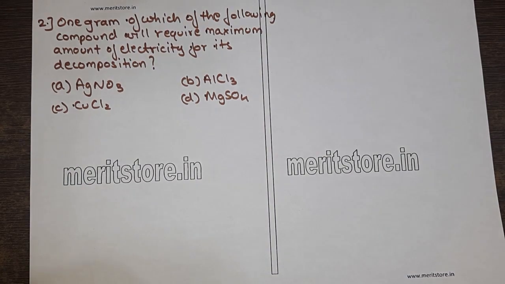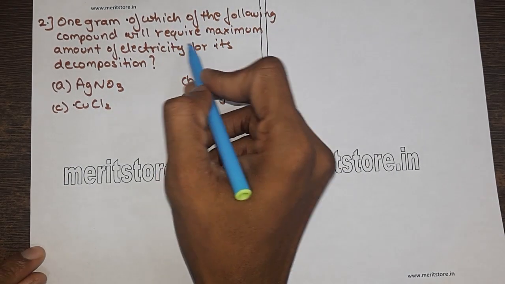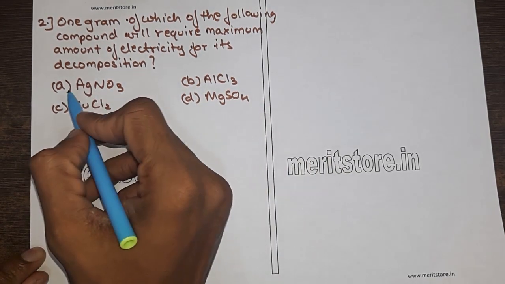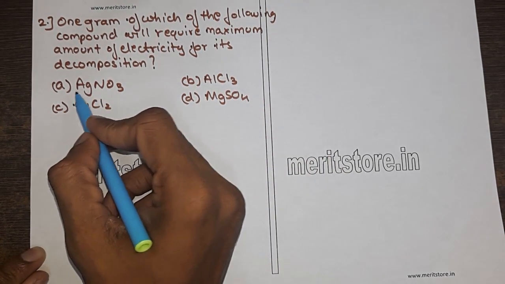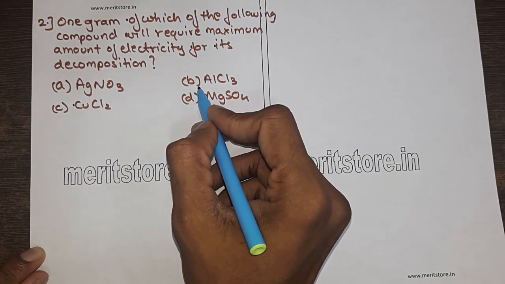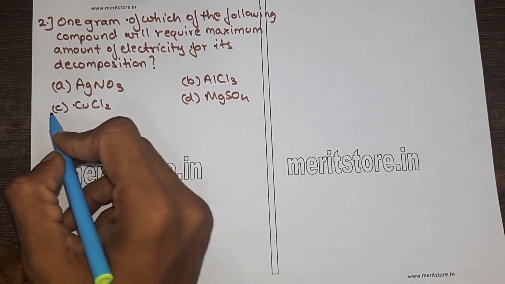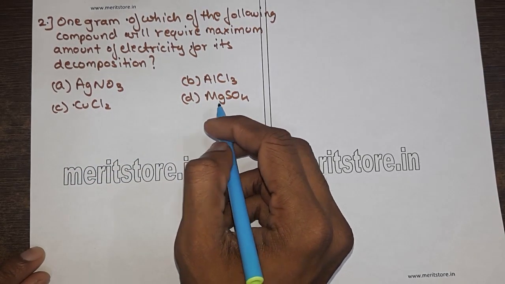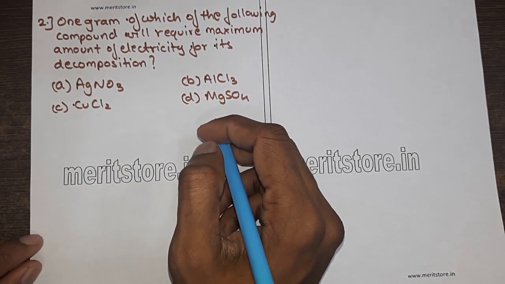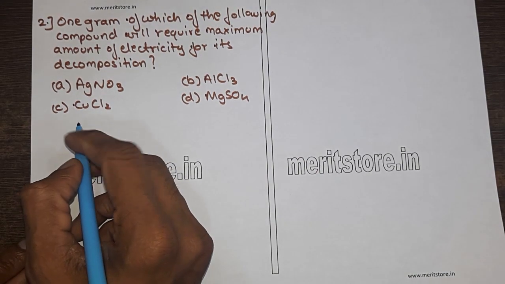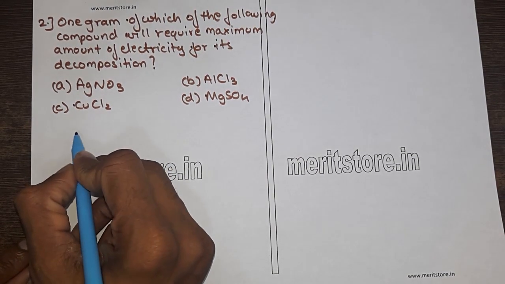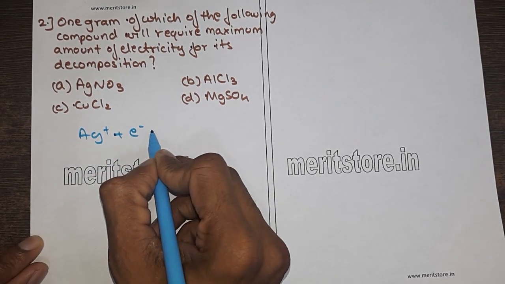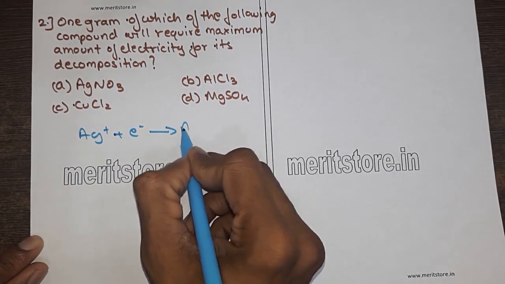Question 2. 1 gram of which of the following compounds will require the maximum amount of electricity for decomposition? We have four options: A, AgNO3, B, AlCl3, C, CuCl2, and D, MgSO4. For the first option, we know that Ag+ plus e- gives Ag.